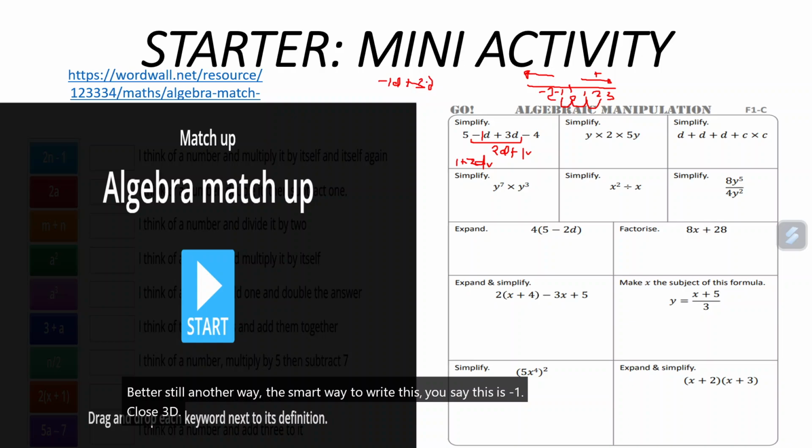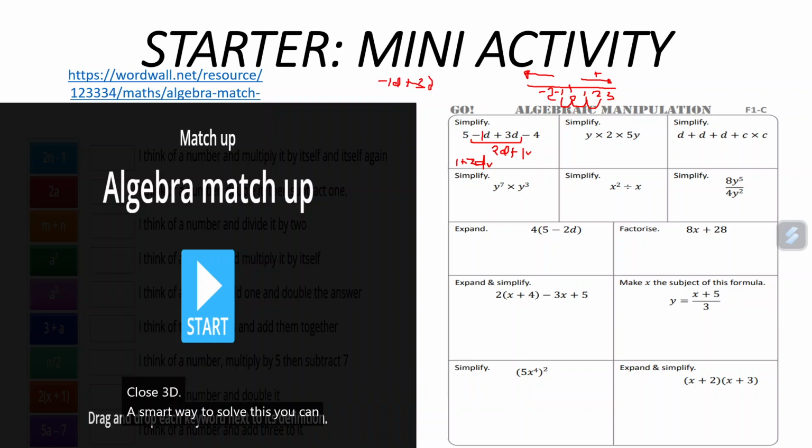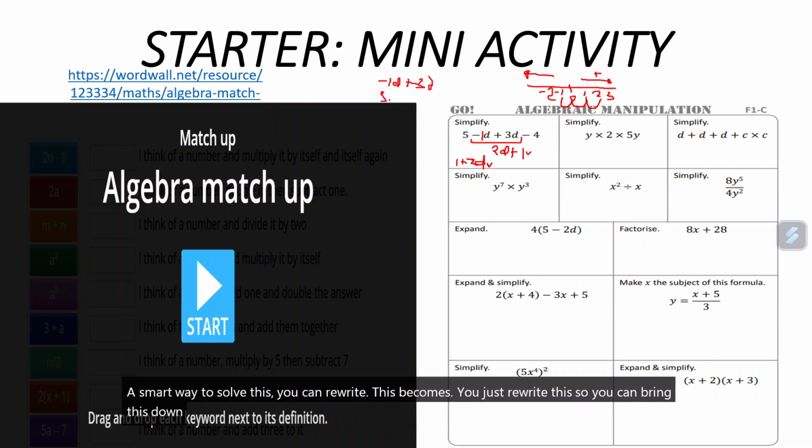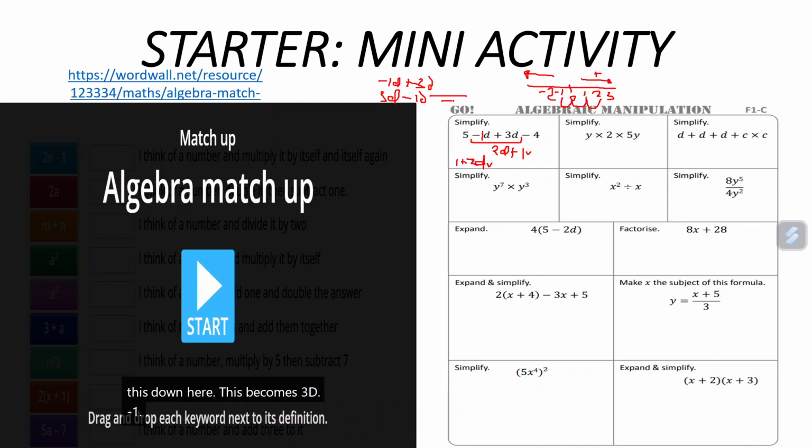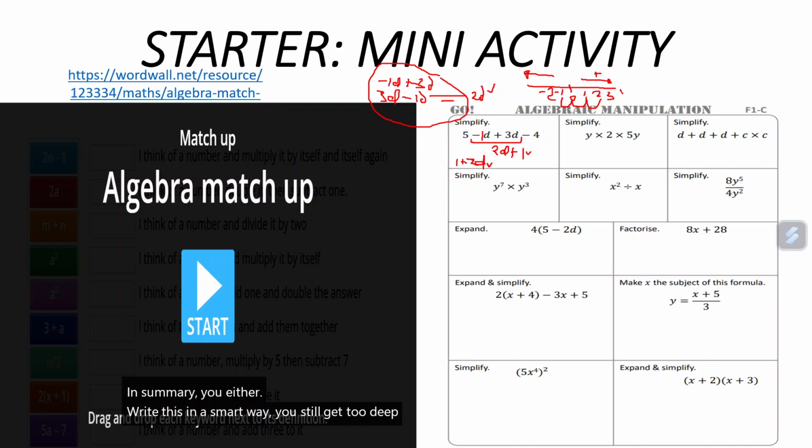A smart way to solve this is to rewrite it. You can bring this down here. This becomes 3d minus 1d, and your answer becomes 2d. In summary, you either write this in a smart way and still get 2d, or you use your number line.